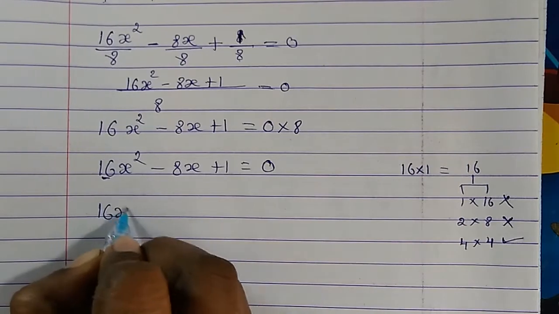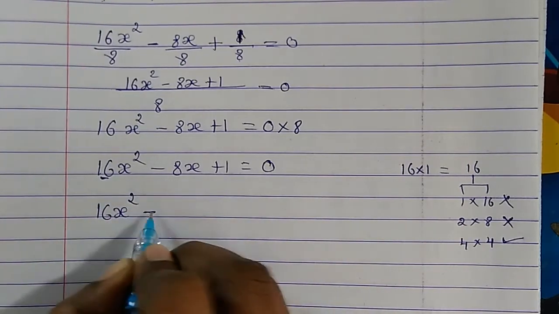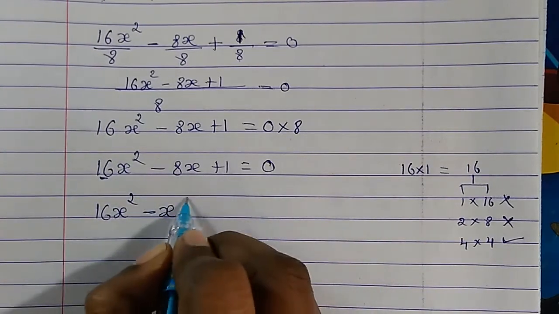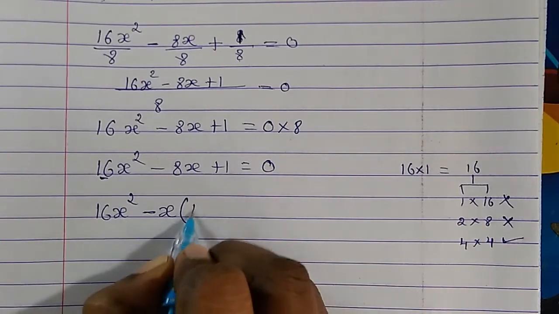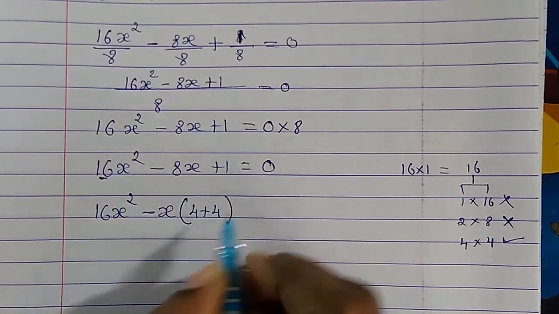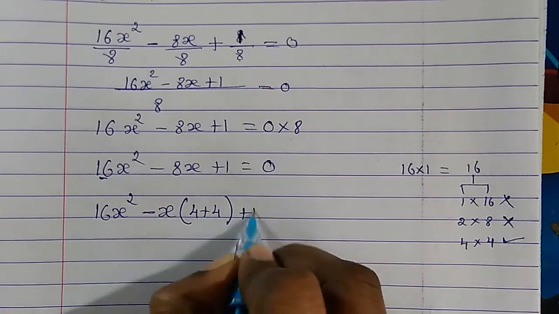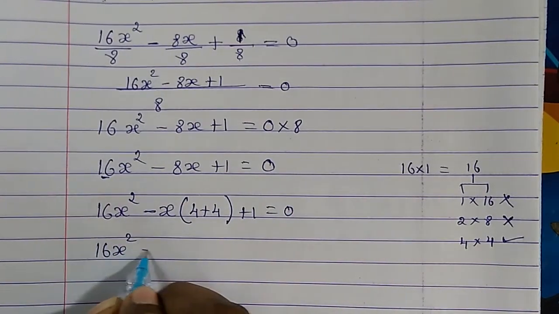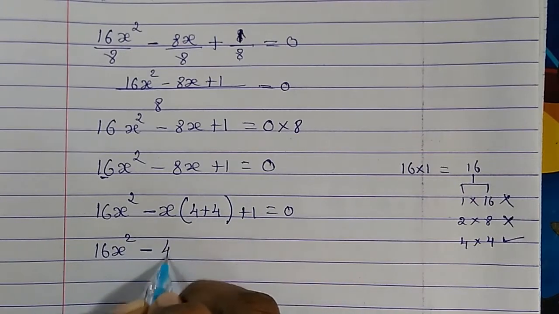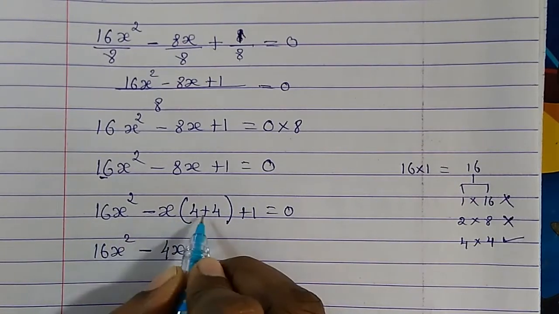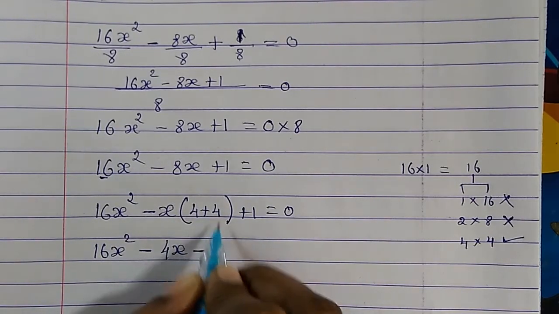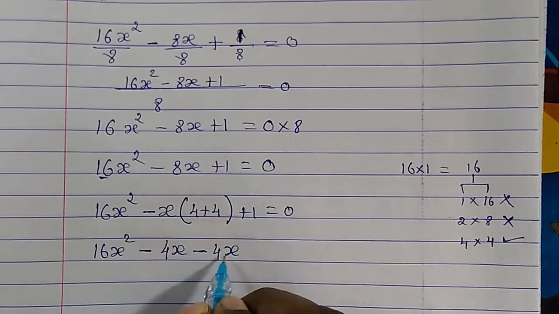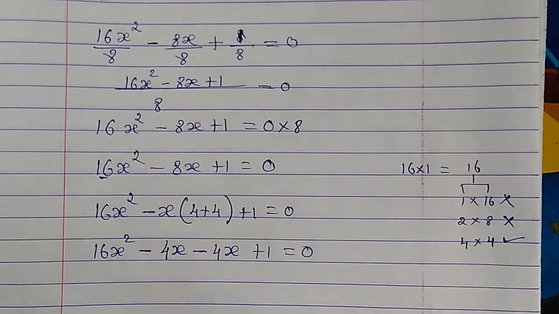16x square, this minus x we will write down as it is. Instead of 8 we will take this pair 4 plus 4, which gives us 8, plus 1 equal to 0. So 16x square minus x into 4 gives 4x, minus into plus gives minus again, x into 4, 4x plus 1.